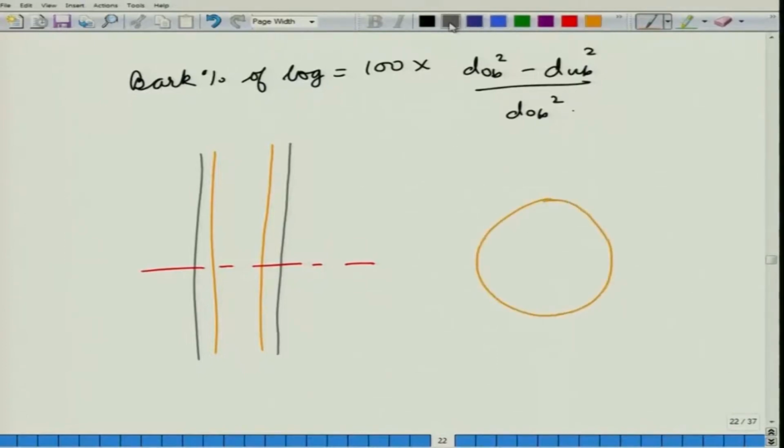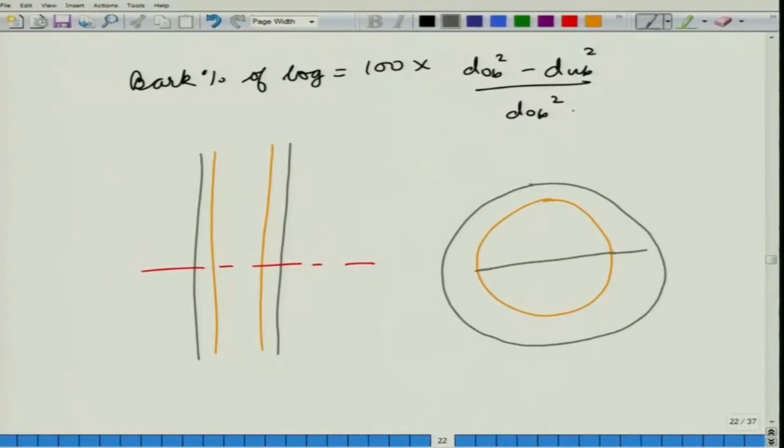So, you have the inside, the diameter under bark, and then this is the DOB, this thing is the DUB, and this is the bark thickness T. Now, because this cross section is there all around, we might consider this as concentric cylinders.